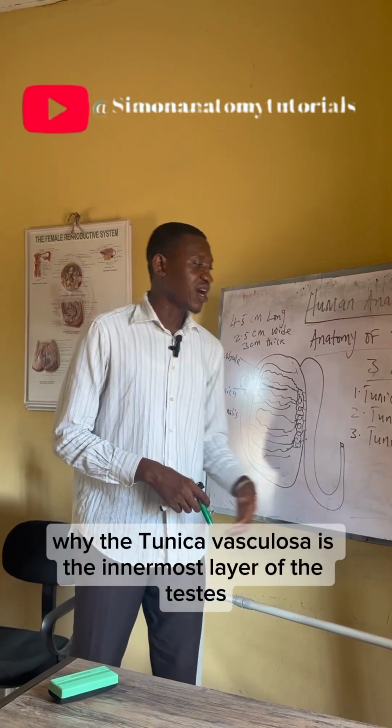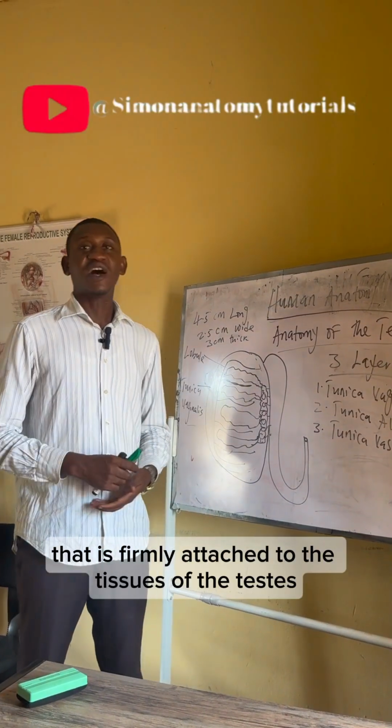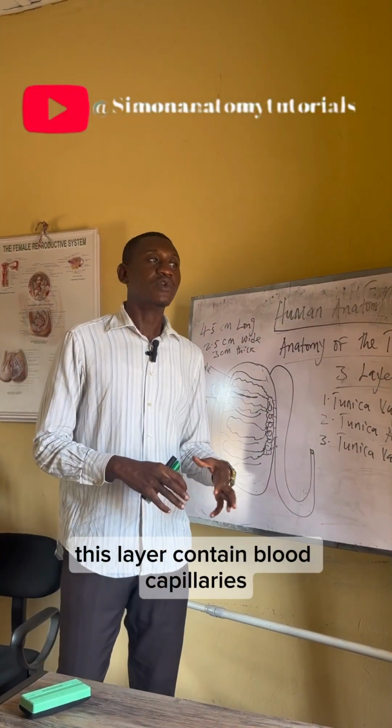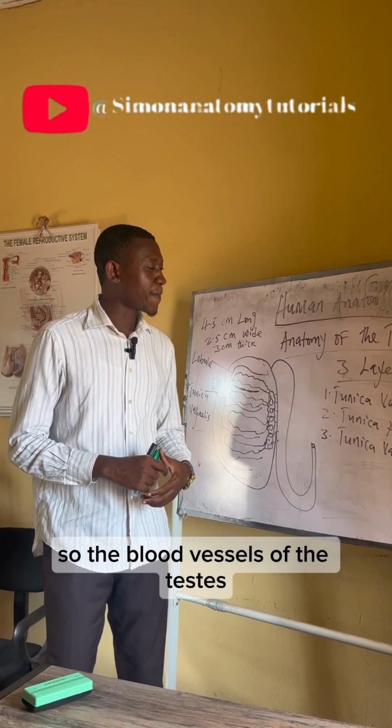While the tunica vasculosa is the innermost layer of the testis that is firmly attached to the tissues of the testis. This layer contains blood capillaries, so the blood vessels of the testis.